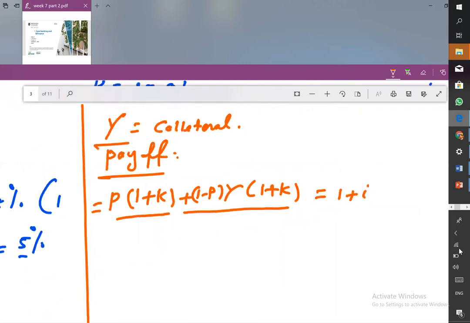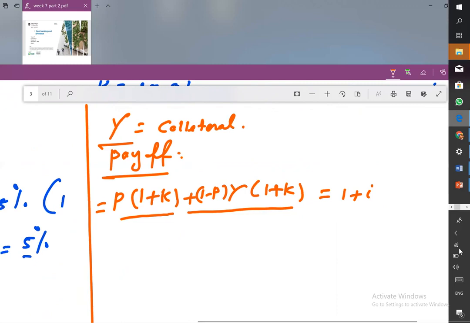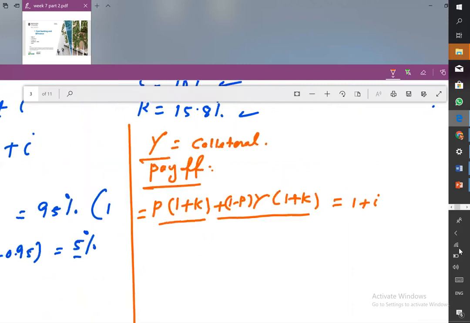If we know this now, we can calculate another formula. I'm not going to give you the proof, but K minus I is actually the premium.